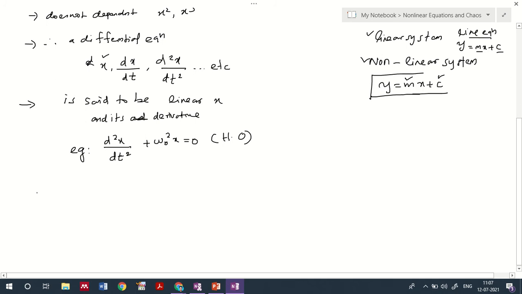Now let me show you how a nonlinear equation corresponding to a harmonic oscillator will look.